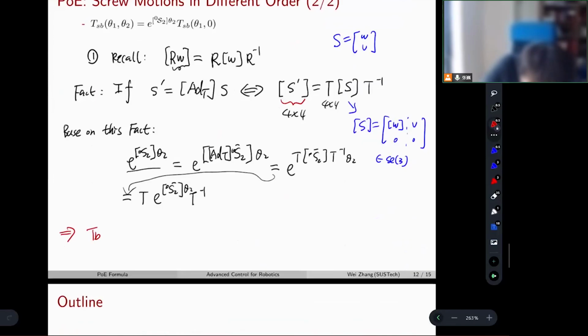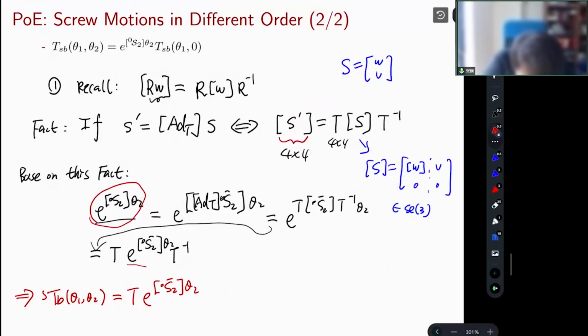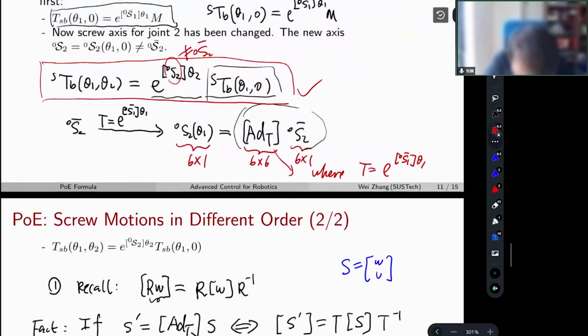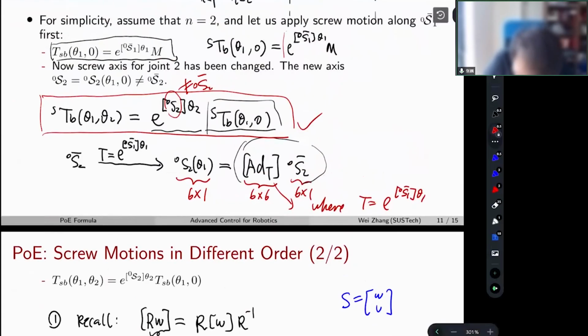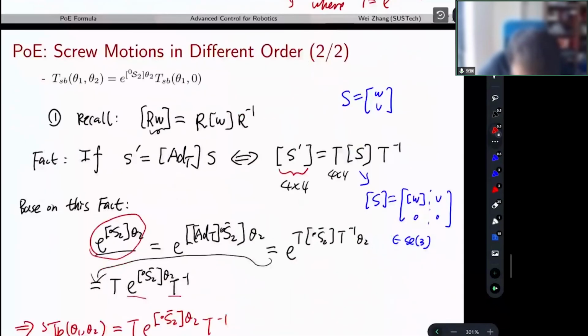We got T_SB theta 1, theta 2 equal to this guy times the other one. I directly plug in this equation: that will be T times e to the S2 0 bar theta 2 times T inverse, and the whole thing times T_SB theta 1 0, which is this one.